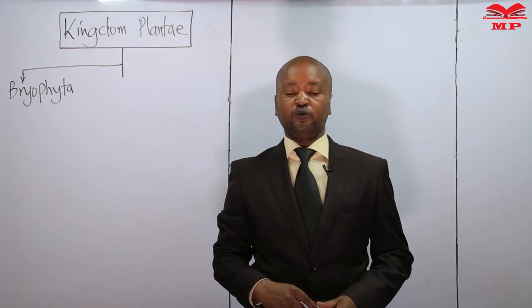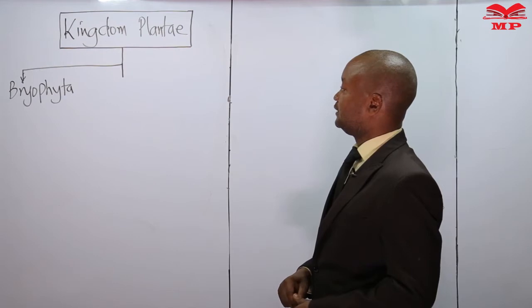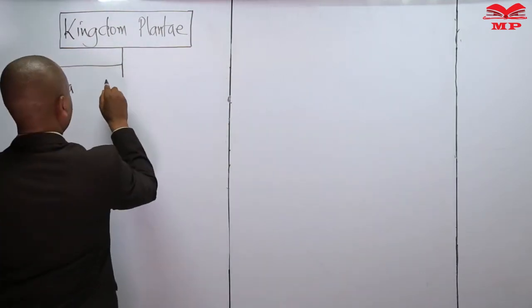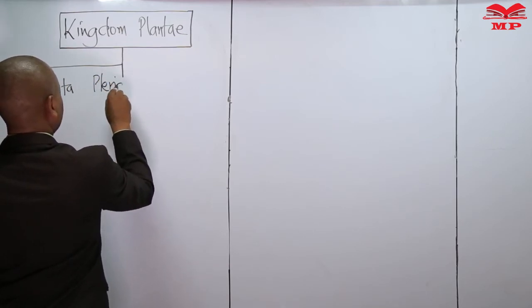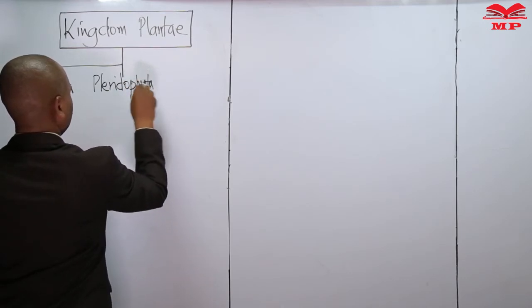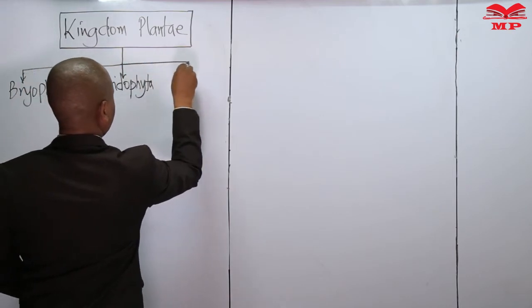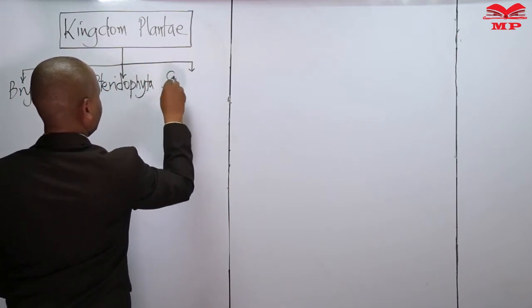Then we are now going to look at the other division, that is Pteridophyta. We have division Pteridophyta, and then the last one that we shall look at, that is Spermatophyta.